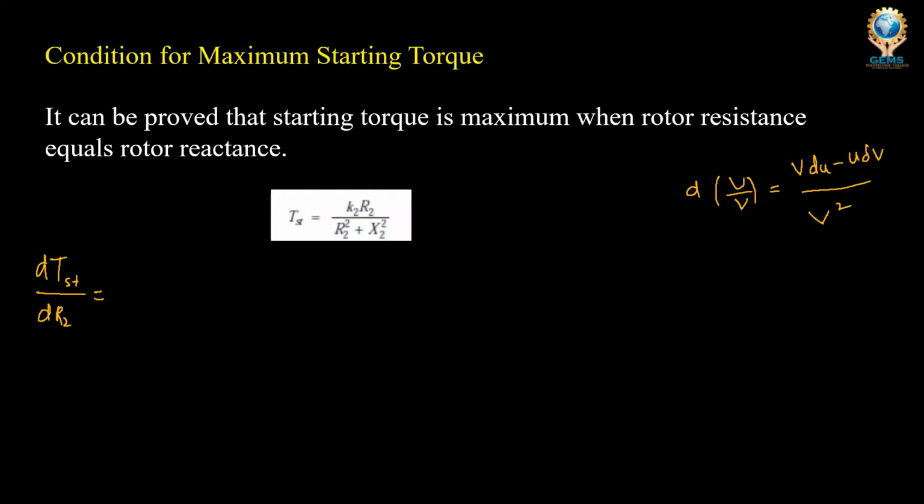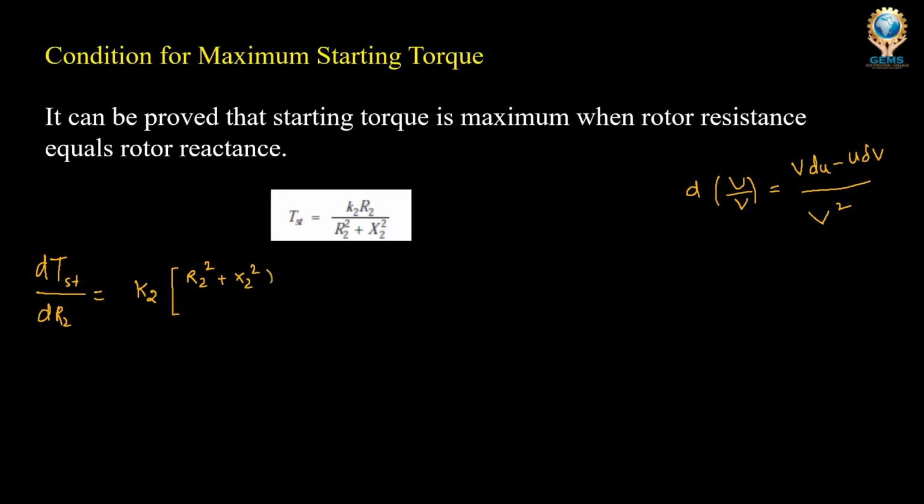You have to consider this as the U term, and the term below as the V term. The constant we will keep outside, and then we write V du. The V term, the down term, is R2 square plus X2 square.